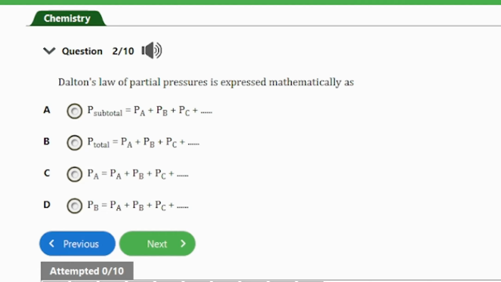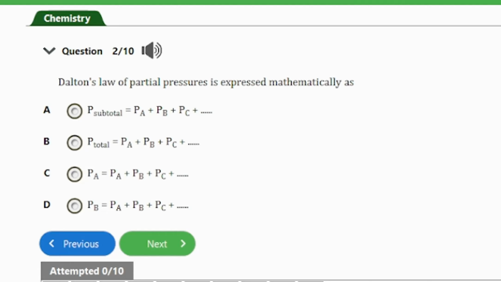Option B says P total is equal to P of A plus P of B plus P of C, and so on. Option C says P of A is equal to P of A plus P of B plus P of C, and so on.